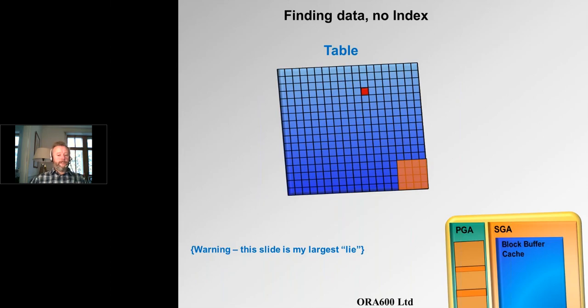So Oracle reads either 8K blocks or 1 megabyte blocks of data from the database, and it reads usually chunks of 512K or whatever to the redo logs.